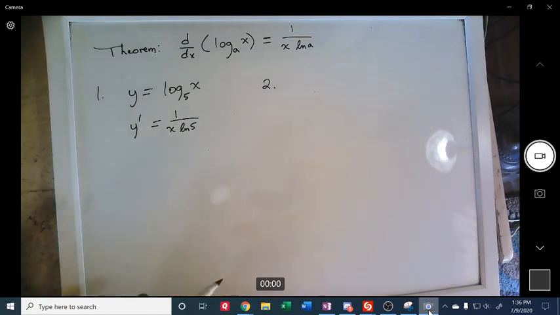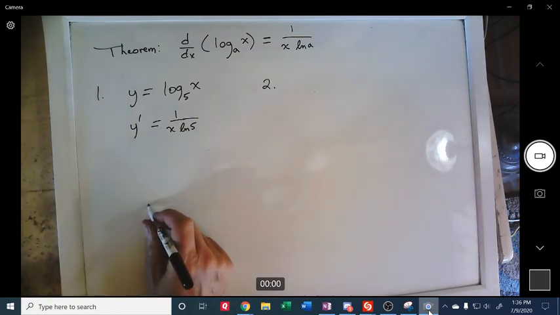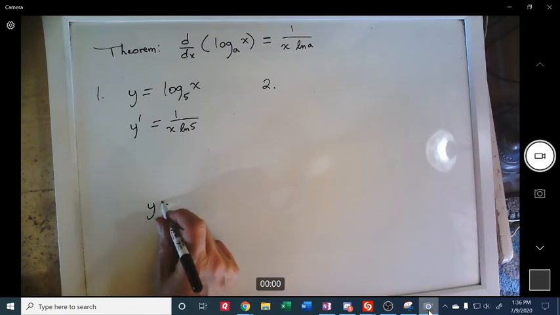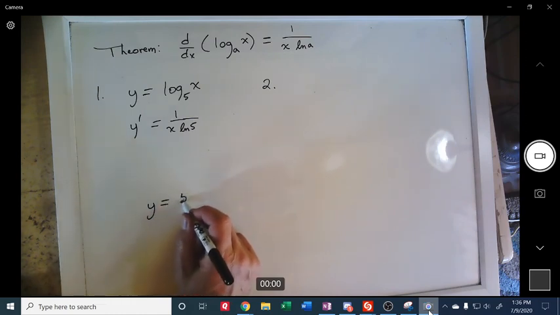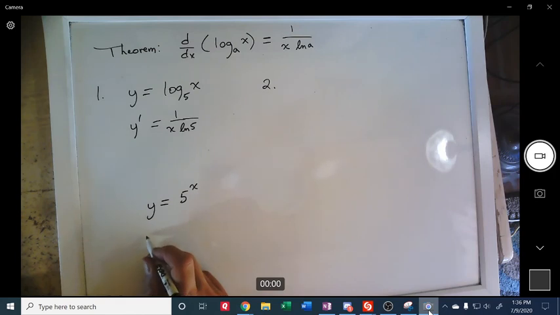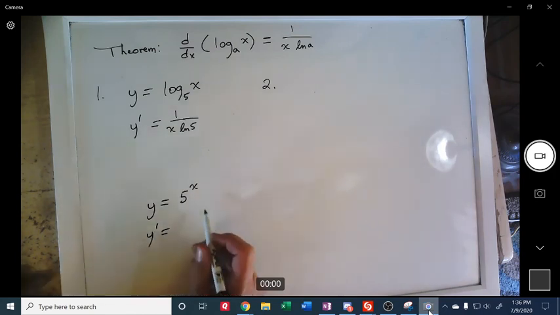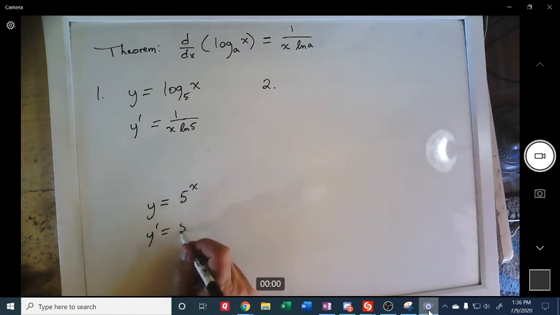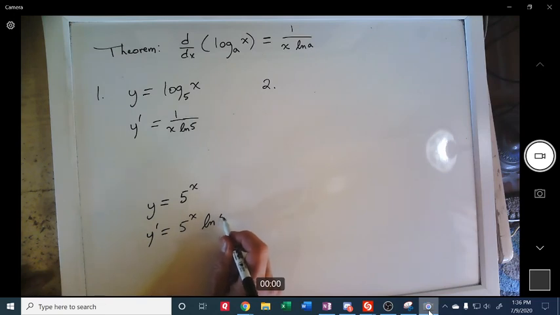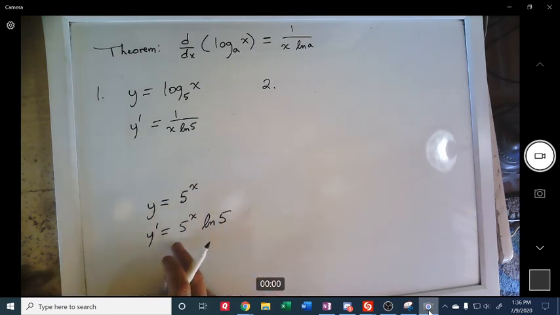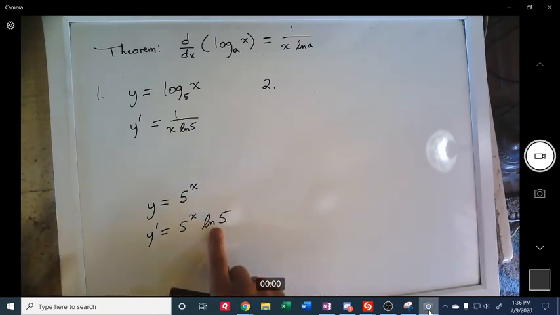Okay. Now let me review that in the context of exponential functions. Y equals 5 to the x. Y prime is, what's that again? It's the same thing, and then the penalty factor, because the base wasn't e. Notice there was no denominator here, so this penalty factor didn't have a chance to go in the denominator.